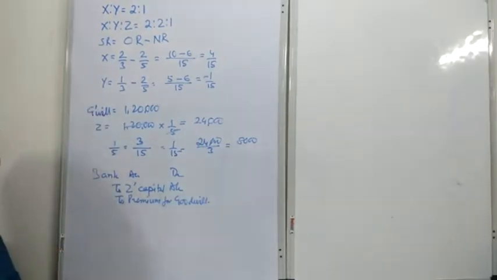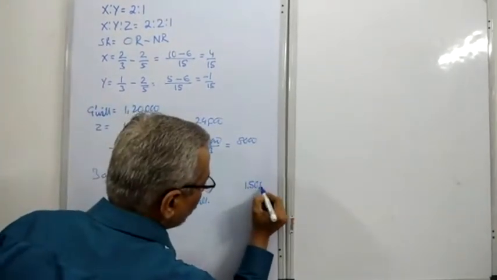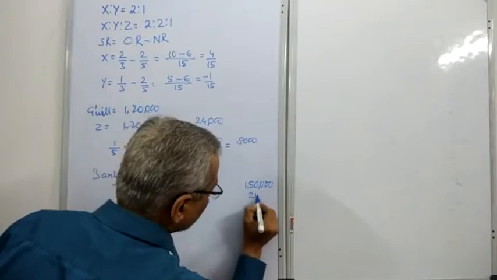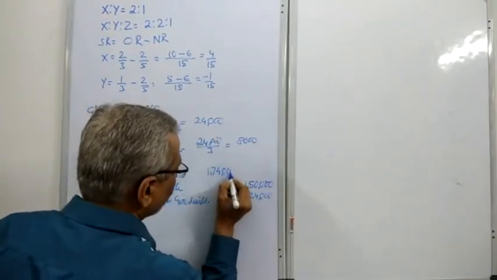So what was the capital brought in? 1,50,000, and premium for goodwill we have calculated as 24,000. So the total amount is 1,74,000.